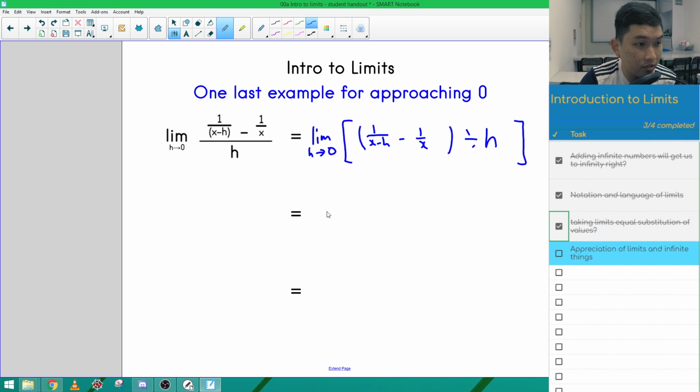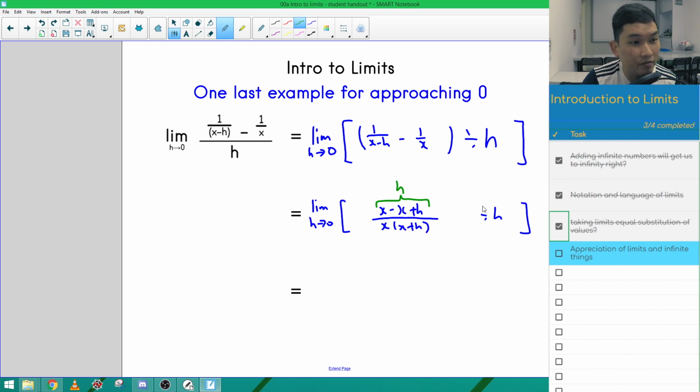We know how to do this. I'm going to handle the inner brackets first, and then divide by h. This will be x minus x plus h over x into x plus h. You realize that x minus x is just 0, so the numerator just becomes h.